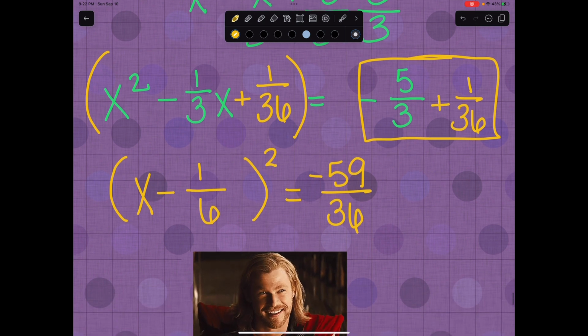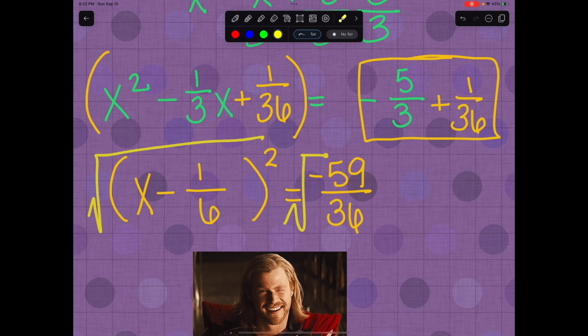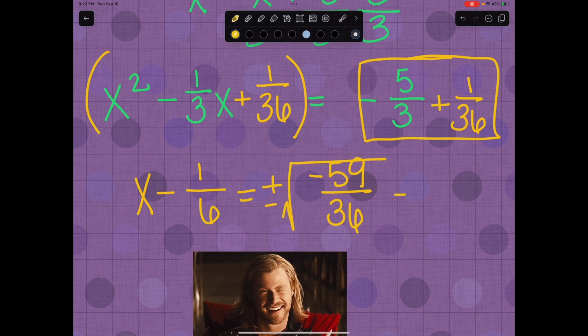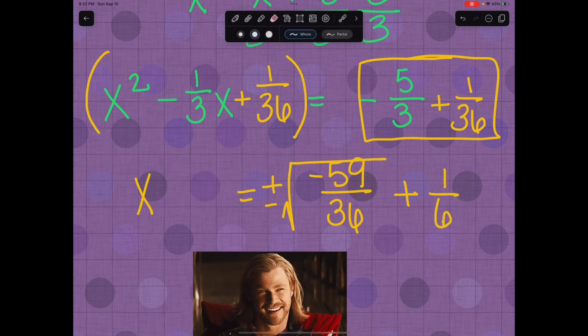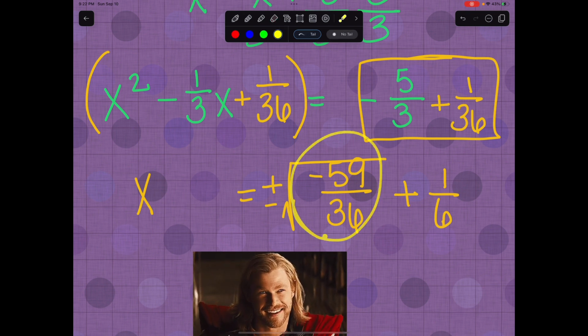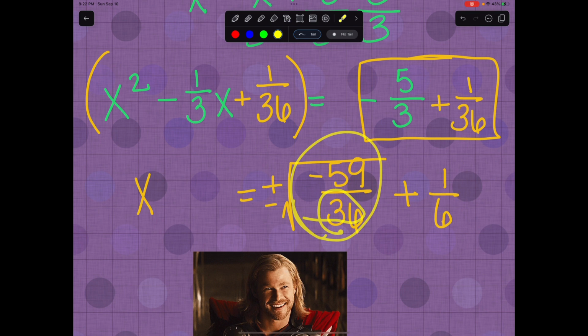Now, to simplify this, I square root both sides. That gets rid of this. And then I'm going to add that 1/6 to both sides to get rid of it here. And x is equal to that mess. Simplify this further because that bottom number is just going to be a 6.